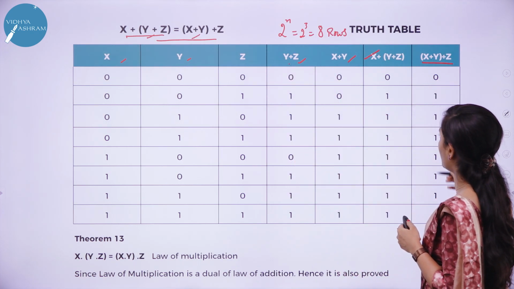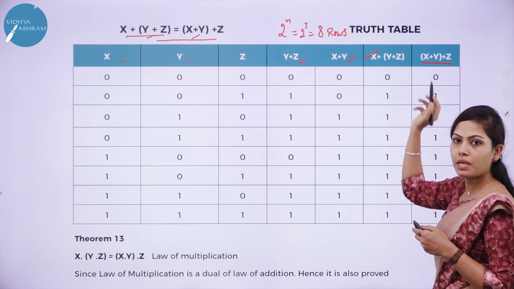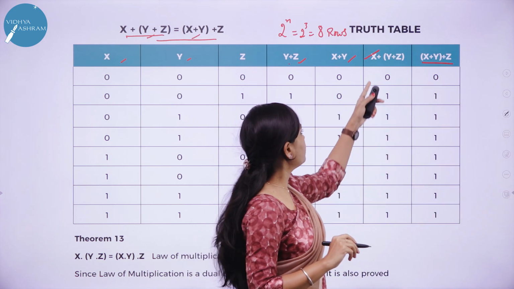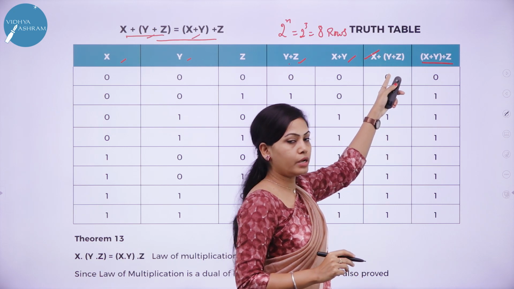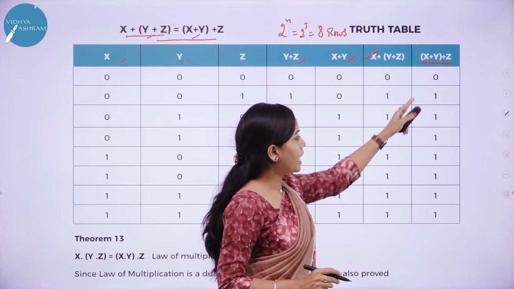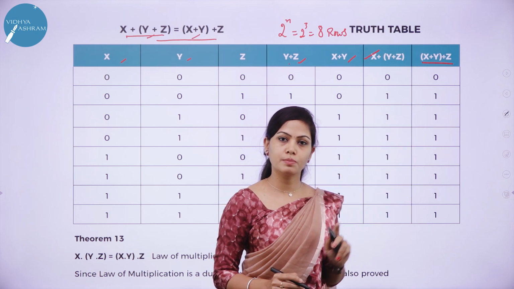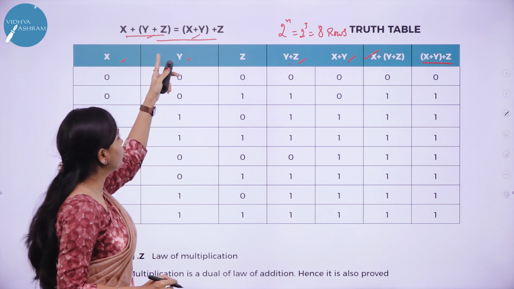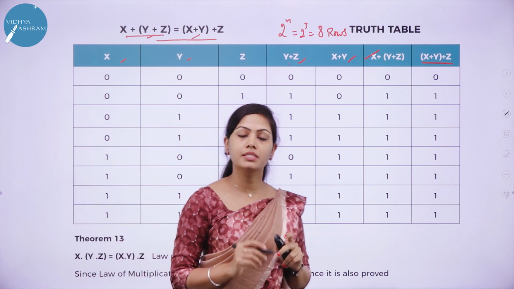This is your last column called x plus y plus z. So you can observe here the column x plus y plus z is equal to x plus y plus z. Both are identical. Hence it is proved. This is your theorem. X plus y plus z is equal to x plus y plus z.